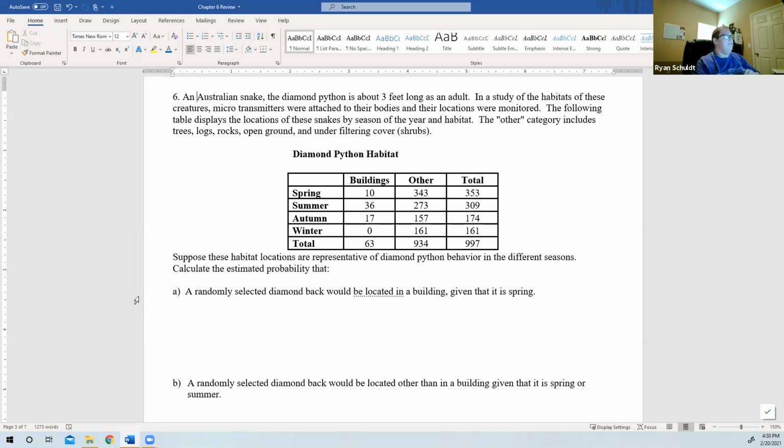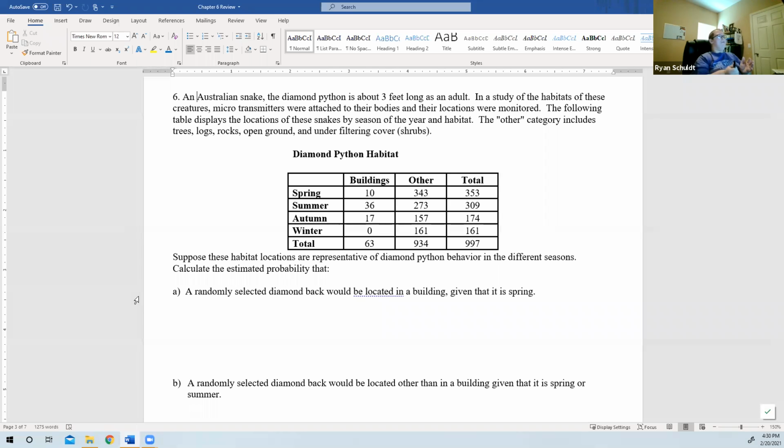The following table displays the locations of these snakes by season of the year and habitat. The other category includes trees, logs, rocks, open ground, and under fallen covers or shrubs.